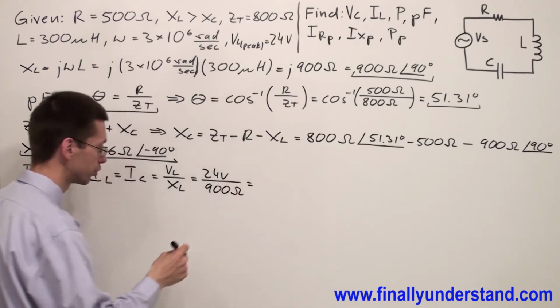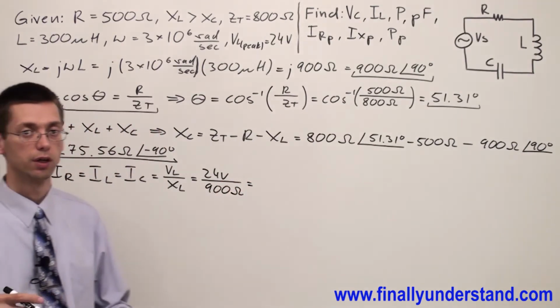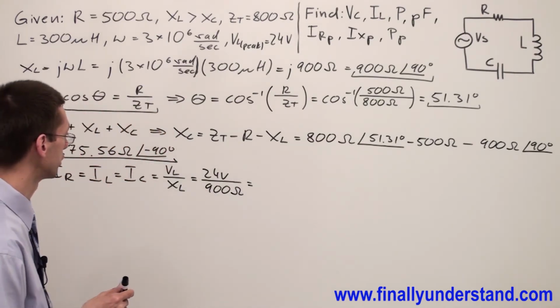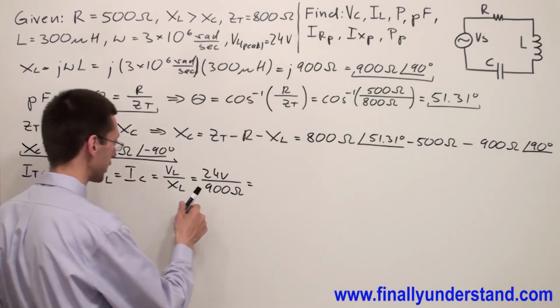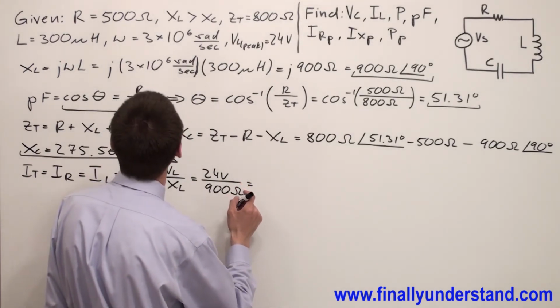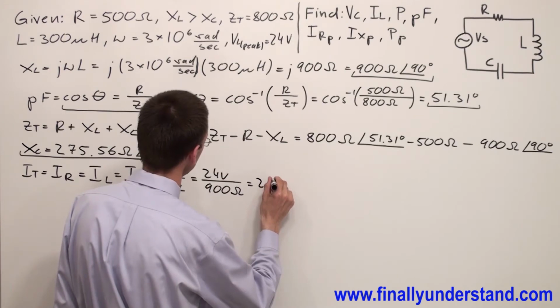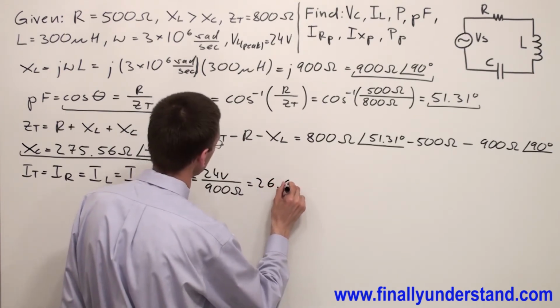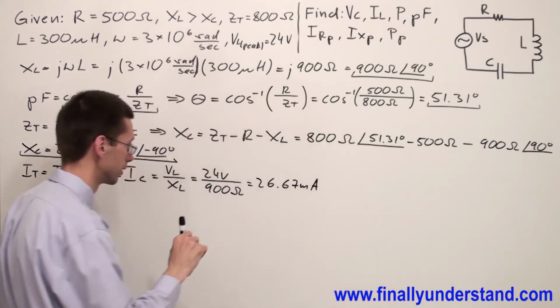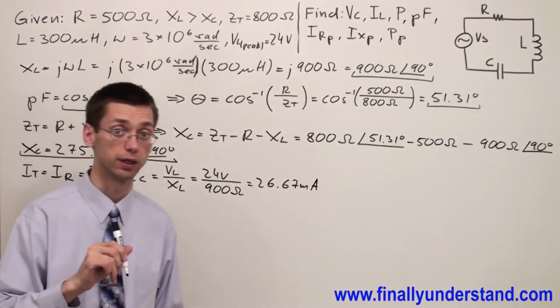Right now I'm not going to add the angles because I make the assumption that my voltage source is supposed to have angle 0 degrees. I need to find just the magnitude. So I have current equals 26.67 milliamps. But keep in mind that we're supposed to also find the angle.